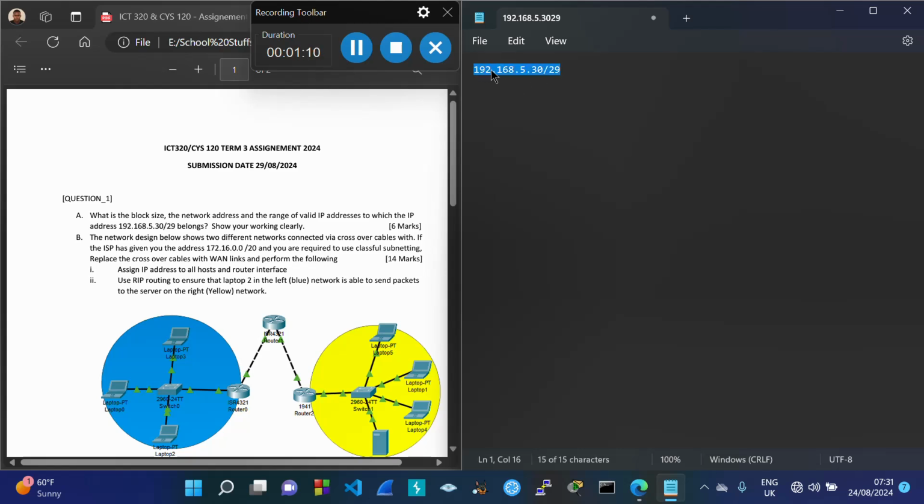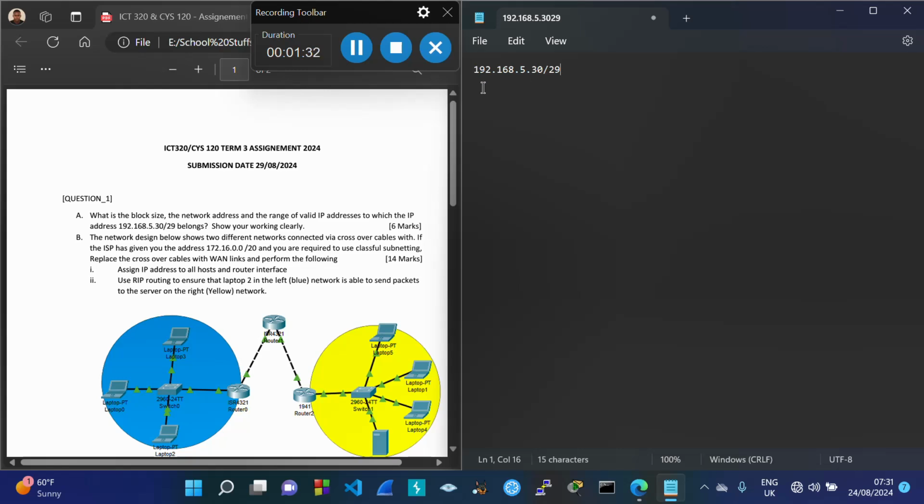This is the IP address which we are given, ending at .30, and this is the mask which is given. We need to identify where this IP address belongs.